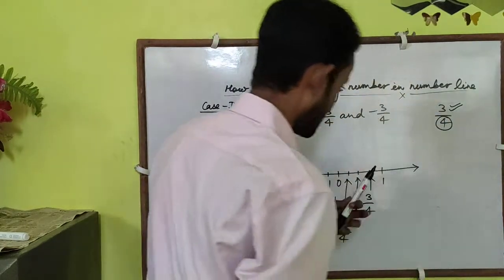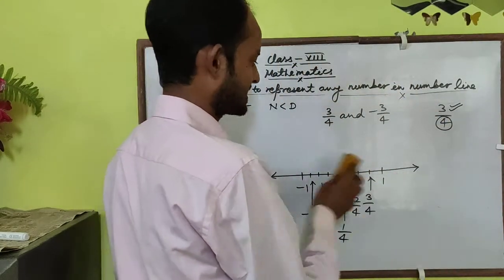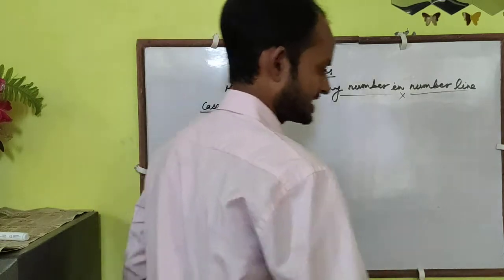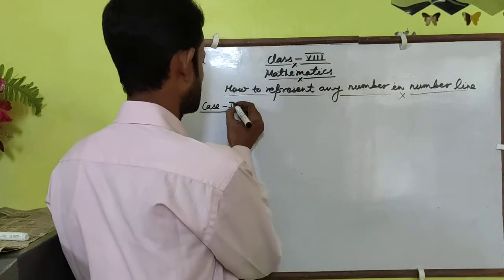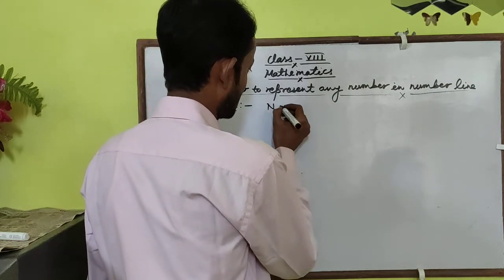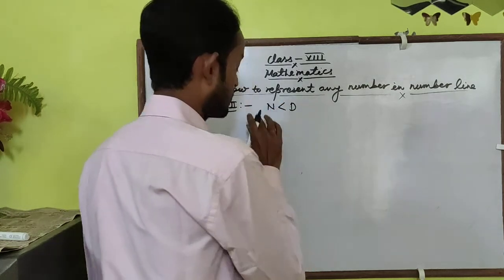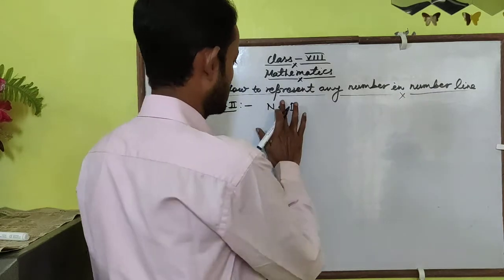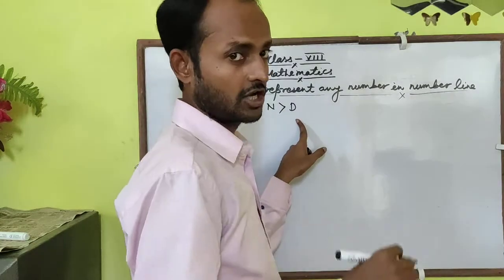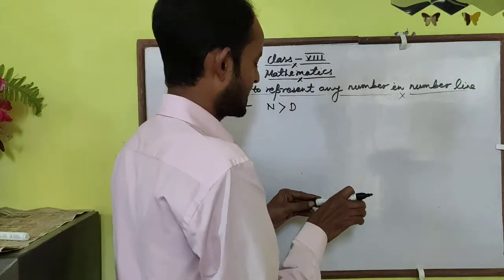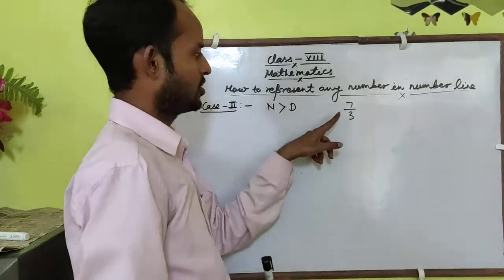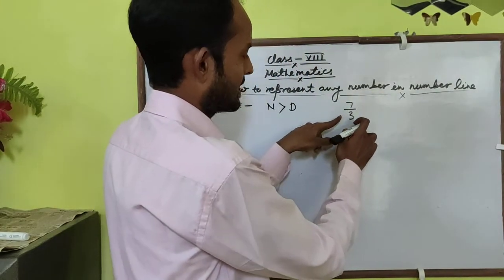Now consider case second, when the numerator is greater than the denominator. Let us take the fractional value 7 by 3. Here the numerator is 7 and the denominator is 3.